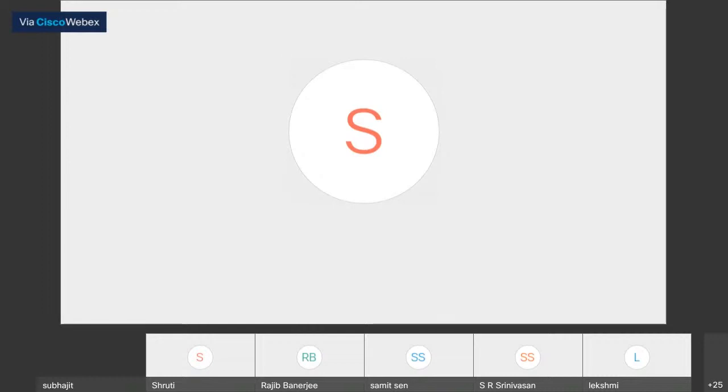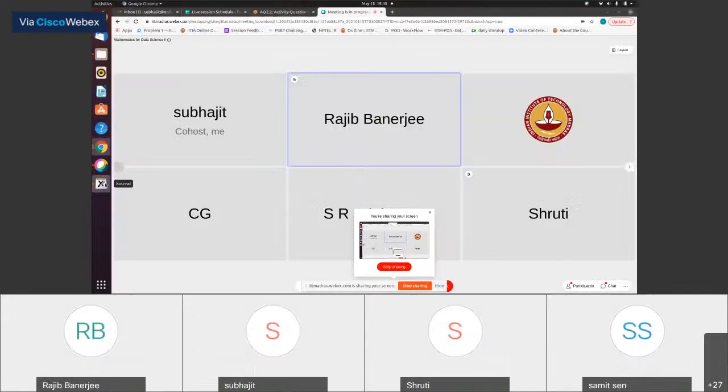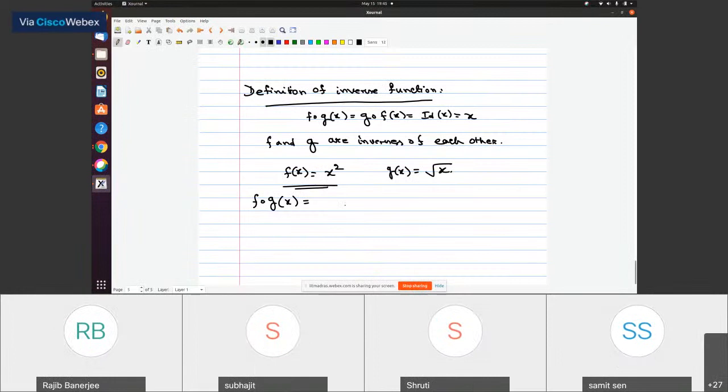Okay, let me share my screen. So what is f composite g? It is f of root x, and this root x squared, so it will be x, right?